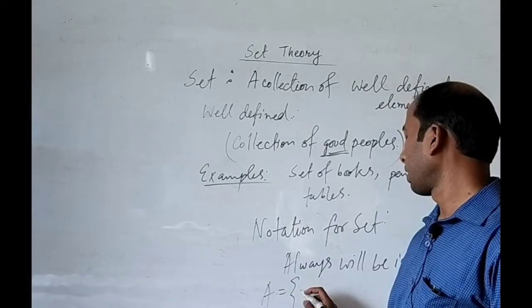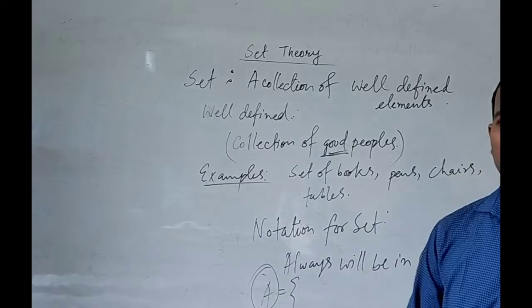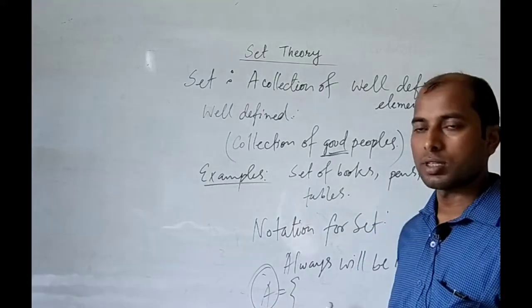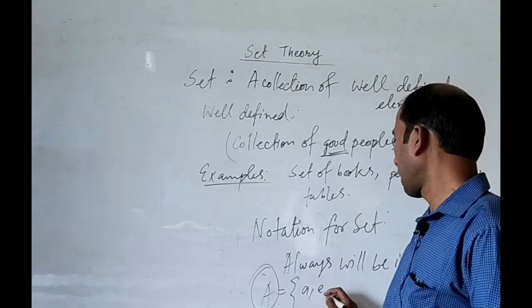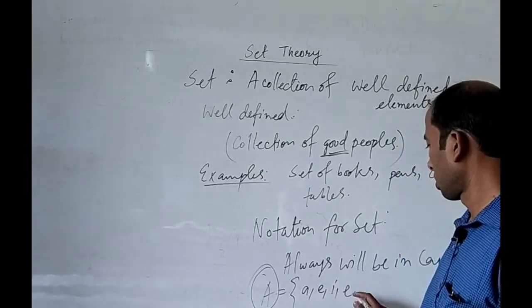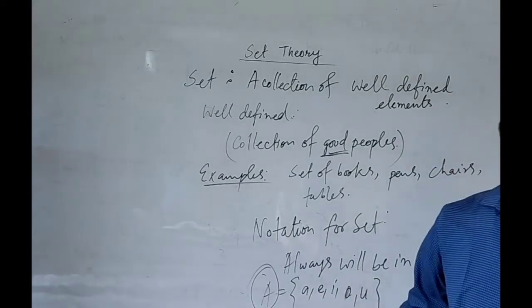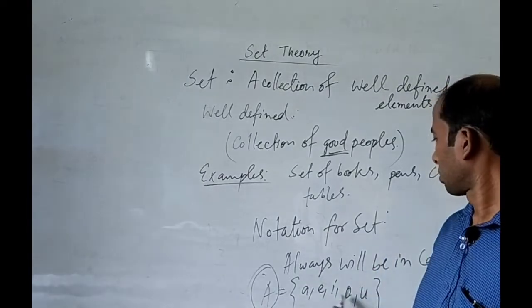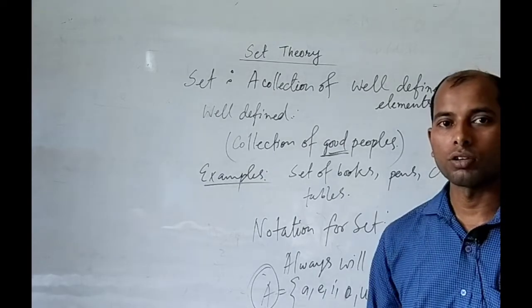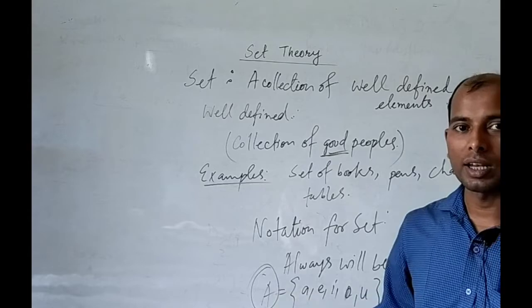So we will represent it by a capital letter A, which denotes the whole set, and I am writing the elements in small letters, and we have to use second brackets.